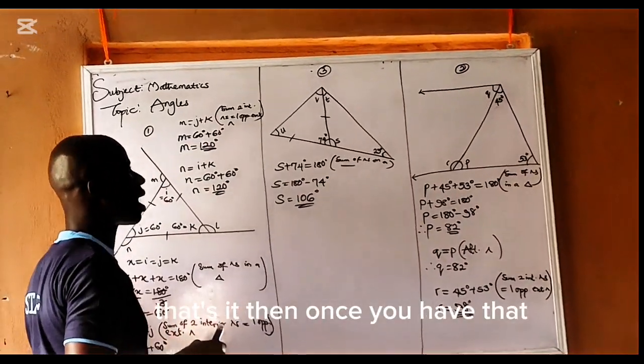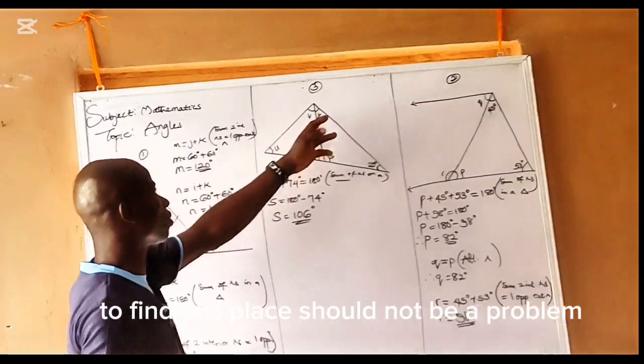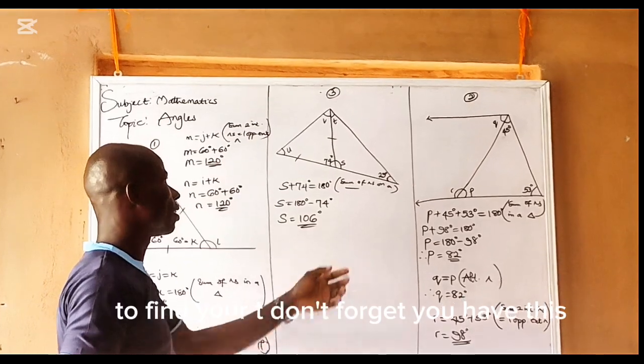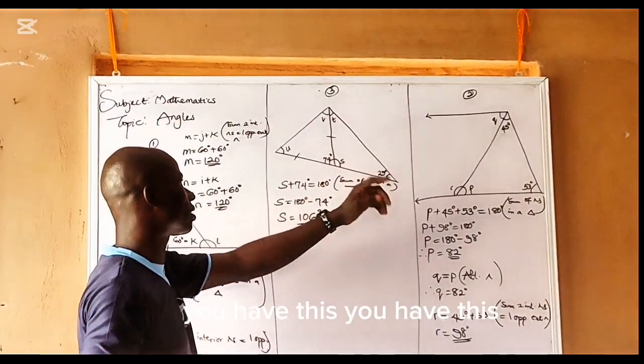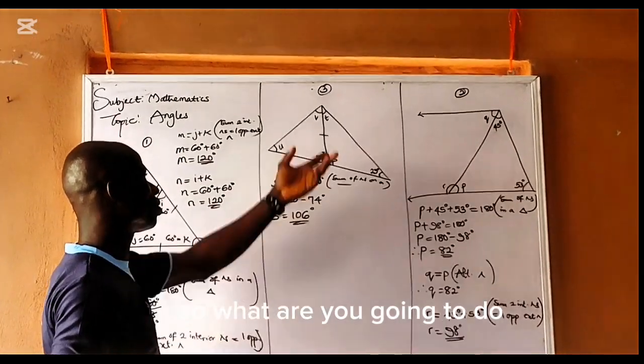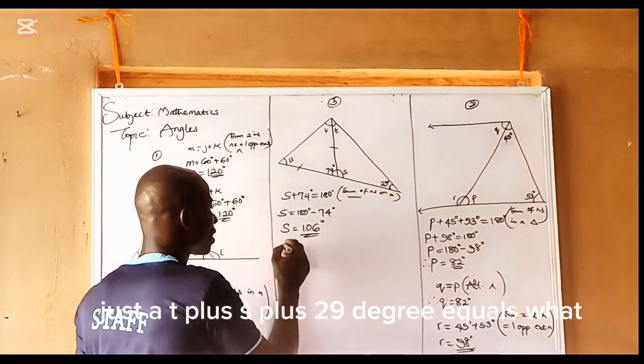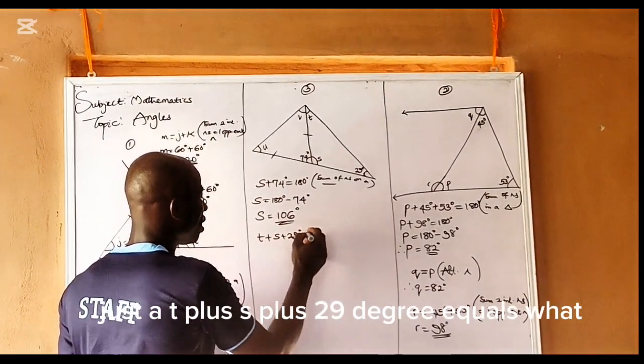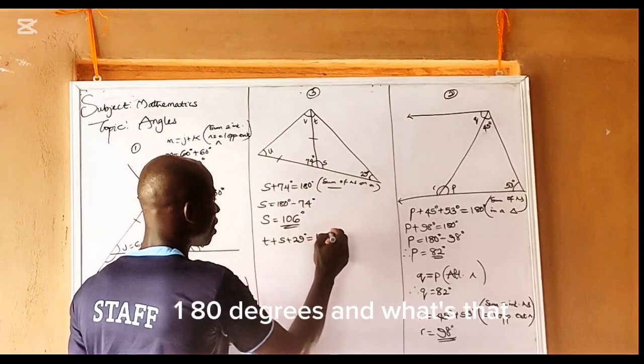Then once you have that, to find this should not be a problem. To find your t, don't forget you have this, you have this, you have this. So what are you going to do? Just add everything together. Just say t plus s plus 29 degrees equals what? 180 degrees. And what's that?